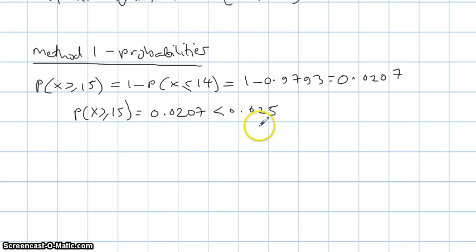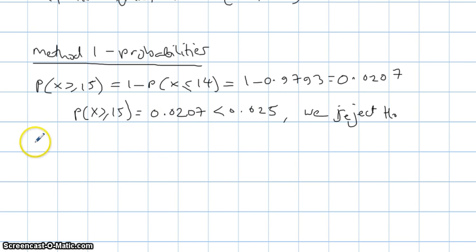And since it's less than, we can reject H0. It seems like it's in a critical region because it's less than 0.025.